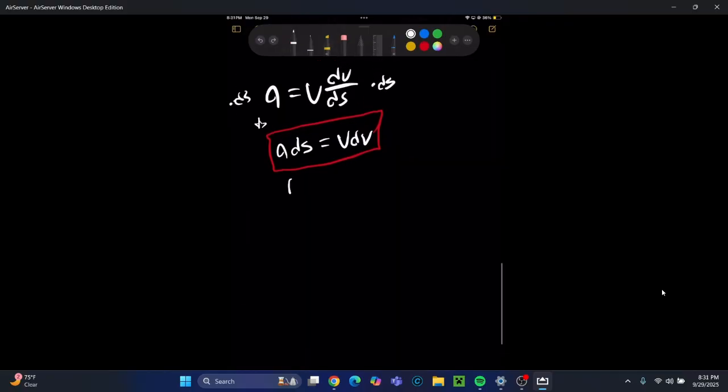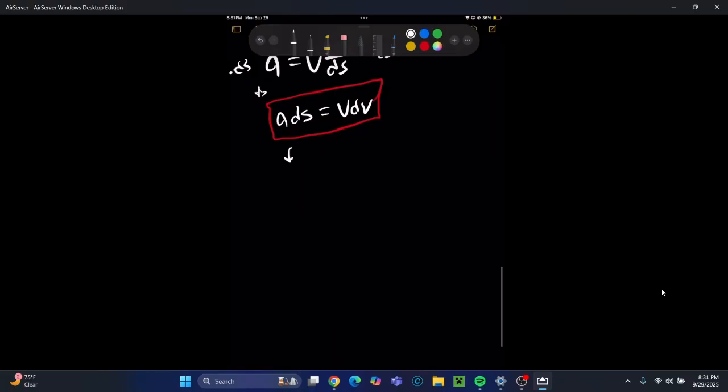If we take this, we're going to integrate both sides. We take the integral of a ds, going from an initial s naught to whatever the end s value is, and that will be equal to, similarly, the integral from v naught to v of v dv.